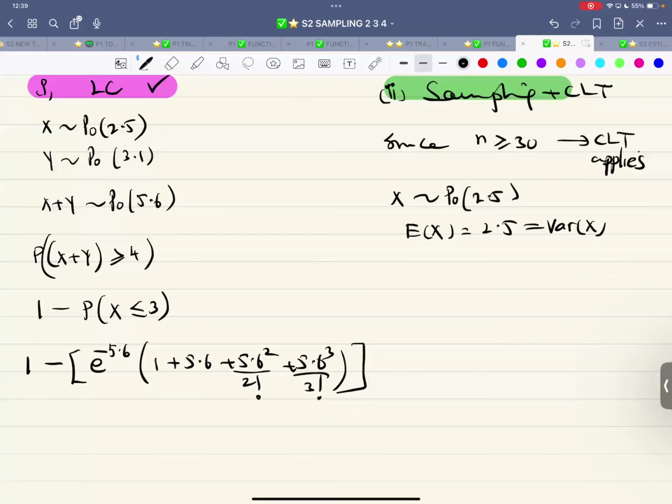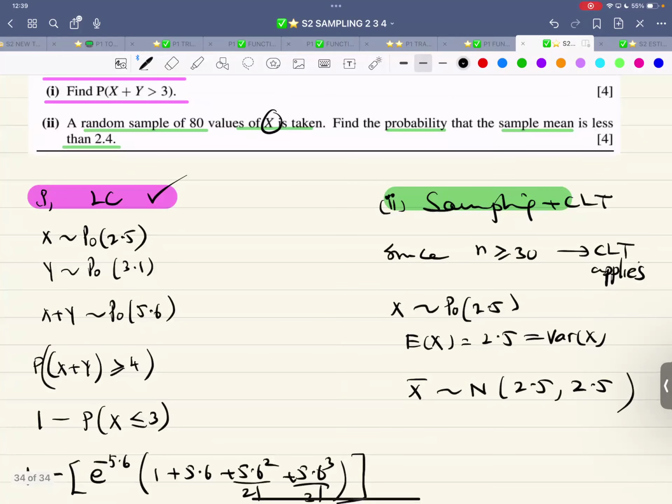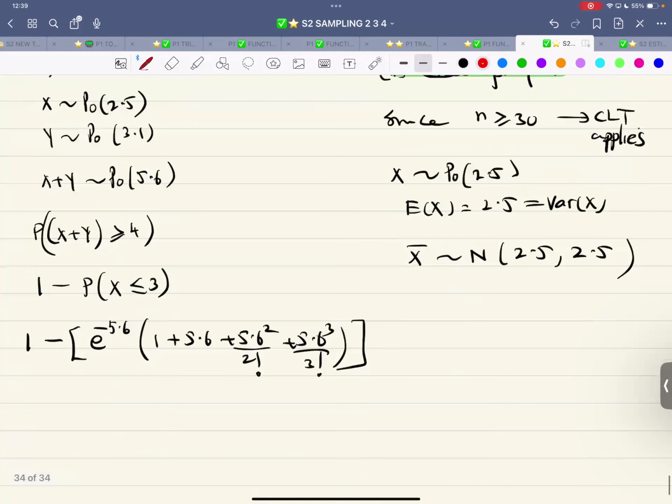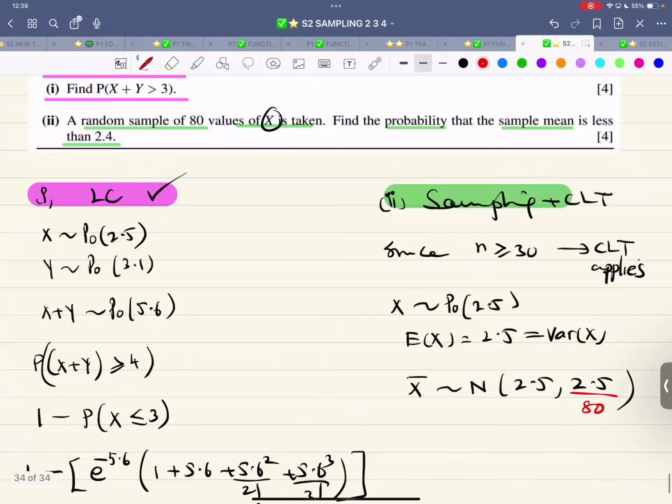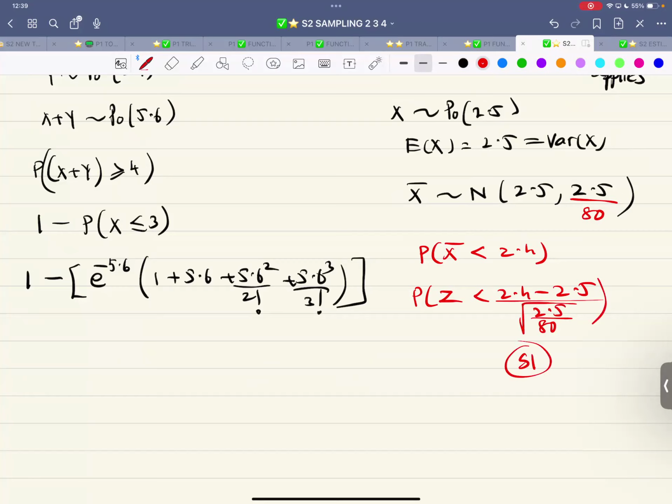We would say x bar follows a normal distribution 2.5, 2.5. What should we divide it with? We should divide it with 80. Got the idea? And then it says sample mean is lesser than 2.4, probability x bar is lesser than 2.4, probability z is lesser than (2.4 minus 2.5) divided by the square root of 2.5 over 80, and then knowledge of S1 is assumed.